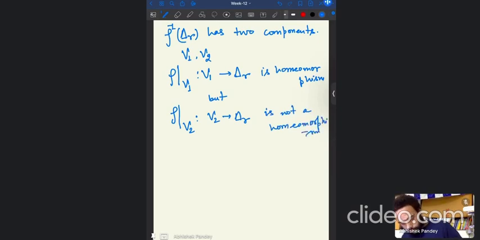That is, rho does not satisfy the condition.